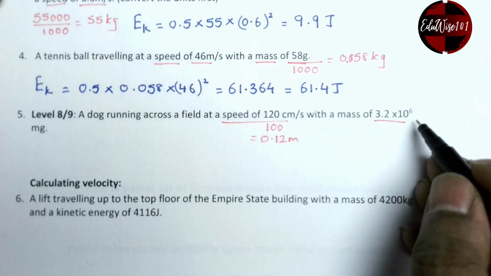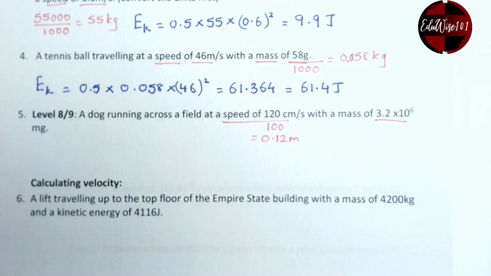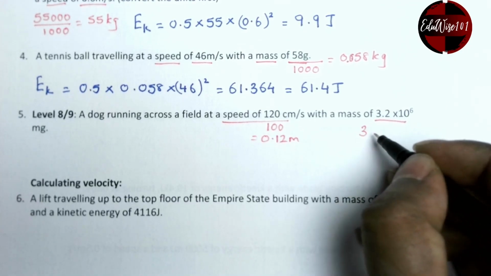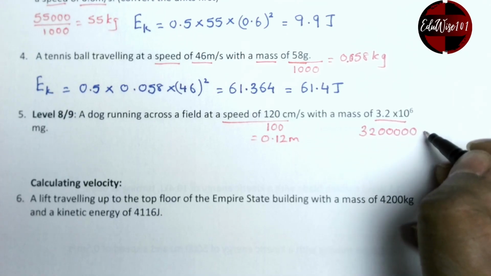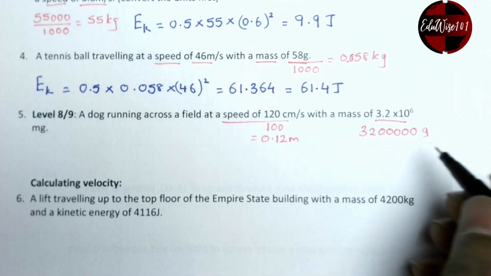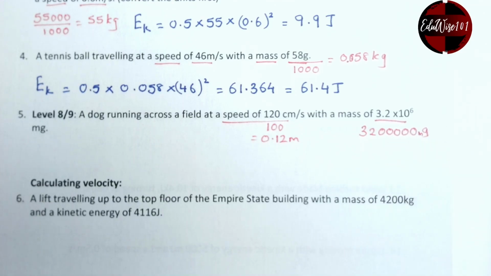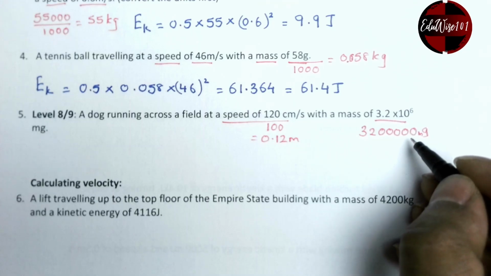How do you convert the mass? First of all, let's write this in normal format: 3,200,000 milligrams. To convert this, you need to divide it by 1000.